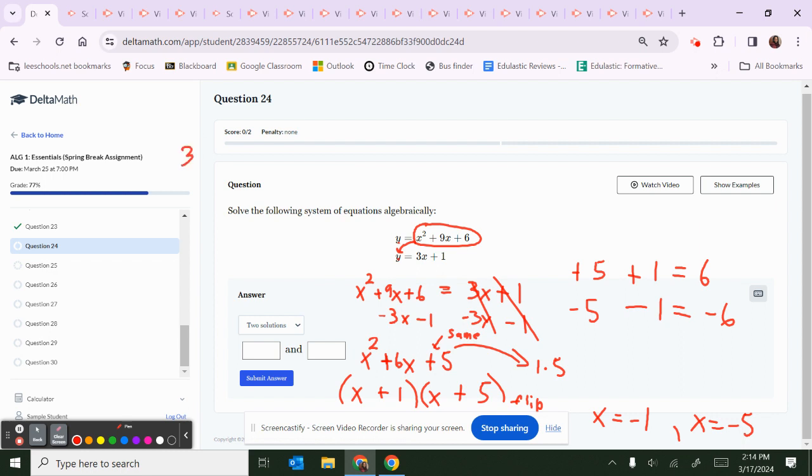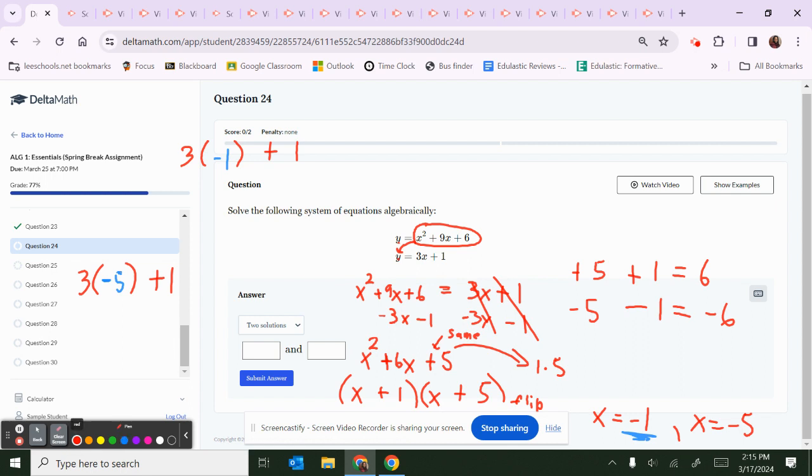I would write 3 times parentheses plus 1, and then do it again. I'm going to plug in negative 1 first, and then negative 5 in the next one.